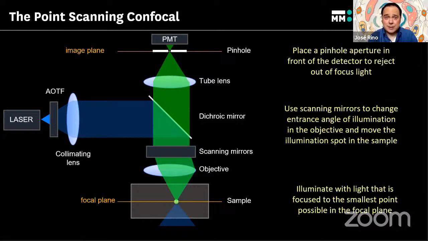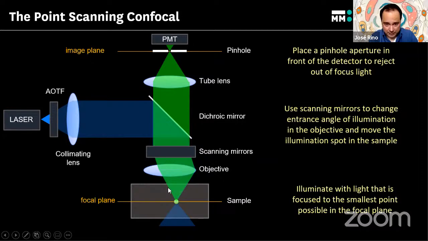Okay. So this is the principle of the modern-day confocal microscope: a very intense laser light that will fill the back aperture of an objective, focusing to a single point. That point will be moved in the focal plane of the sample by scanning mirrors.